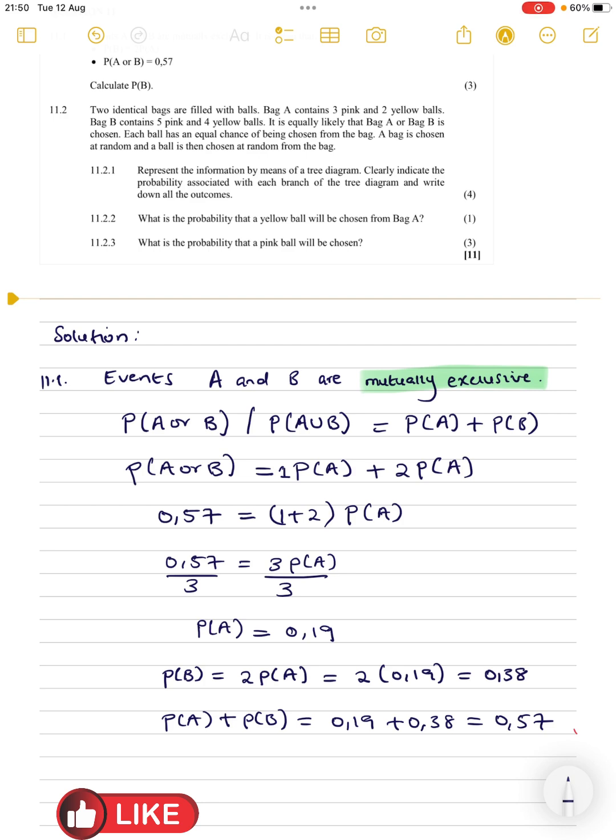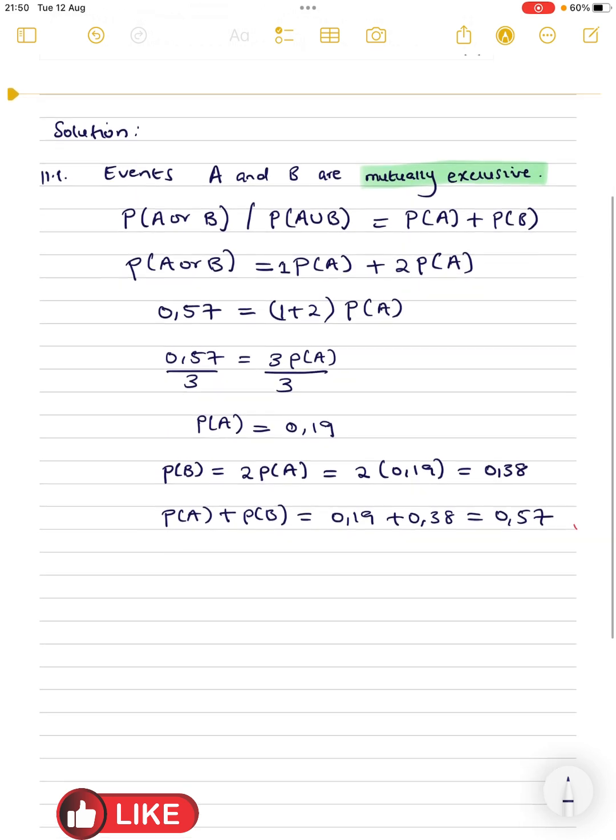So now the question says I have to represent the information by means of a tree diagram, clearly indicating the probability associated with each branch of the tree diagram and write down all the outcomes. It's 4 marks, meaning we have to work in this case.